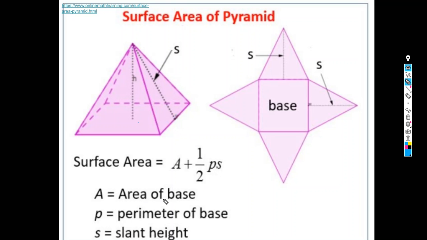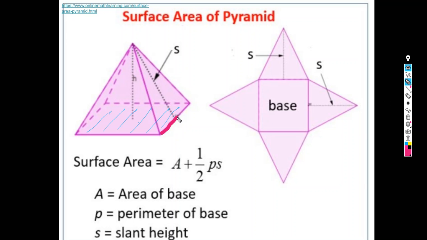When they're talking about the area of a base, so their A here is talking about the area of the base. So it's talking about the whole area of this bottom part. Then the perimeter of the base. So they're talking about everything that goes around the perimeter, right? Let's make this a little bit bigger.